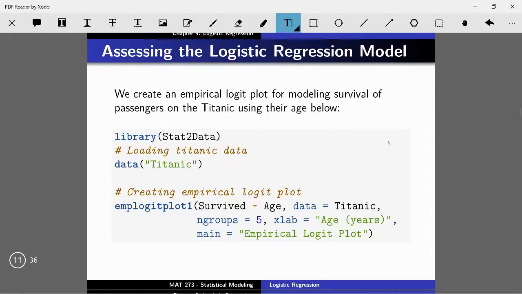So plotting this empirical logit plot, we're now going to check this linearity assumption of the log odds being linearly related to our predictor variable age here. Using this function emplogitplot1 for empirical logit plot from the Stat2Data package, we can plot this. And what's going on here is we have to bin the data into different groups in order to plot this empirical logit plot, because we actually need estimated probabilities.